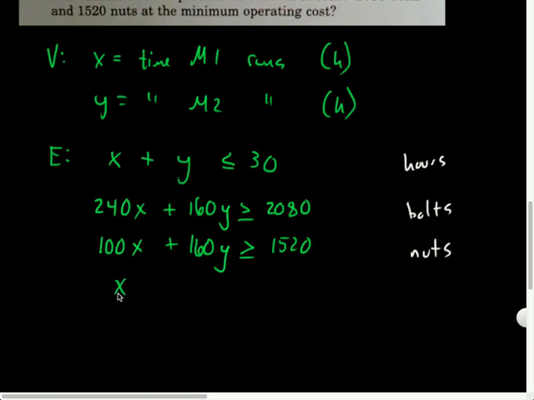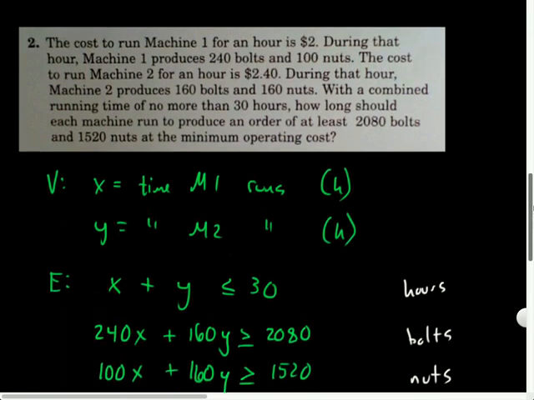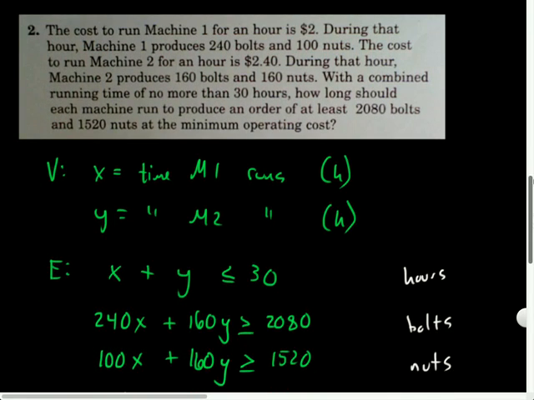But what about how much it costs for the machines to run? We want a minimum operating cost, so we're going to write our cost equation and minimize it.